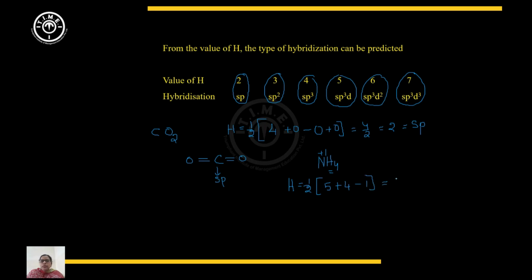So this is equal to 8 by 2, which is 4. 4 means it is sp3 hybridization. So like this you can predict the type of hybridization based on the formula, that is H is equal to 1 by 2 (V plus M minus C plus A).